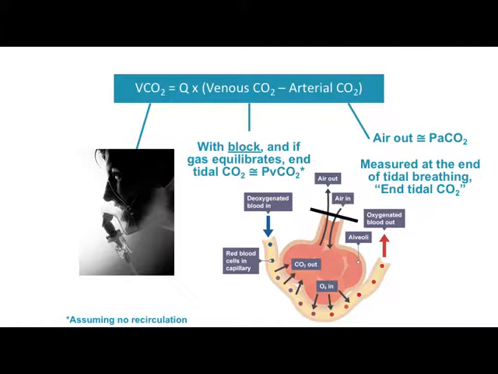Muscles, active tissues, always producing CO2 as part of normal metabolism. So even if you clamped off the lungs and you did the rebreathe for a minute, you would never actually reach equilibrium because you're always adding CO2 on the venous side.